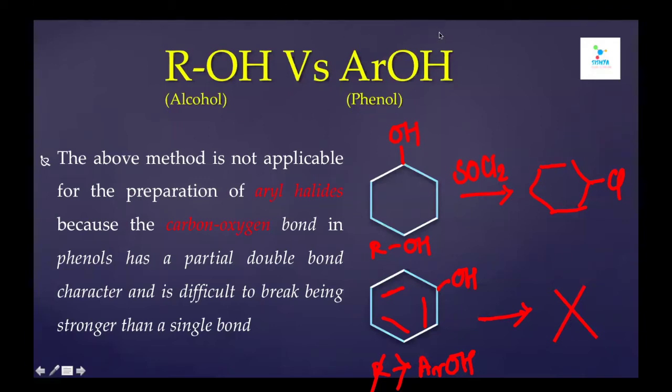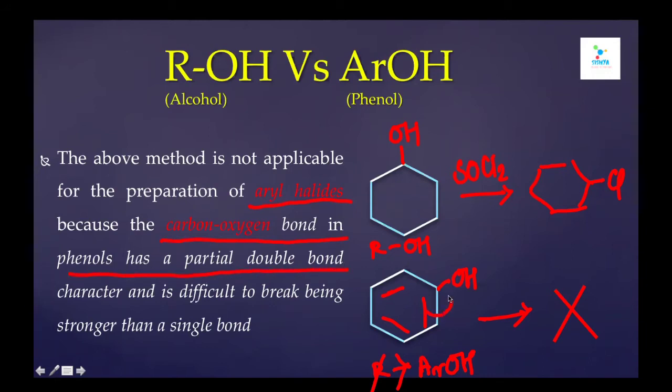Hence, in case of phenol, they will not give a positive reaction with any of the reactants used, except PCl5. In case of PCl5 with phenol, they will react. The reason behind this is that in aryl halides, the carbon-oxygen bond in phenols has a partial double bond character.